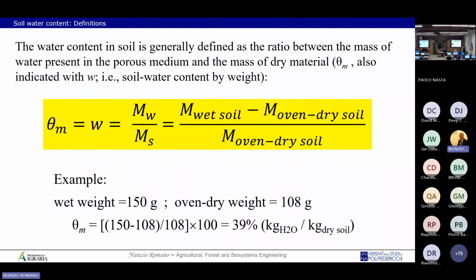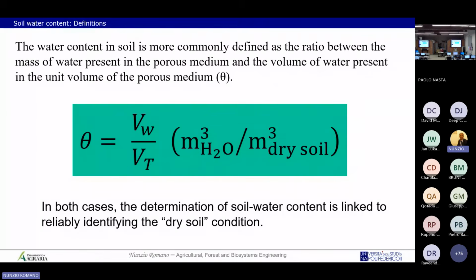Actually, this definition is very useful in chemistry, but in soil hydrology, we prefer to refer to the entire volume that we consider in our modeling tools. So we prefer to refer to the volumetric water content.